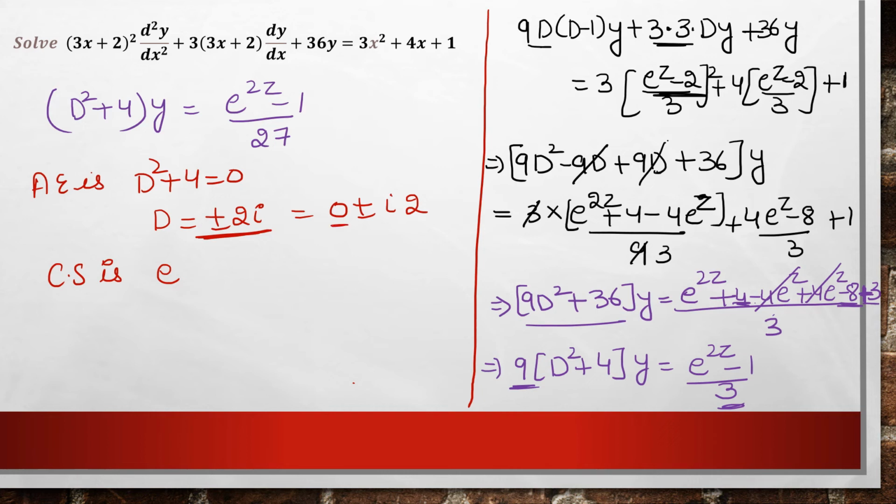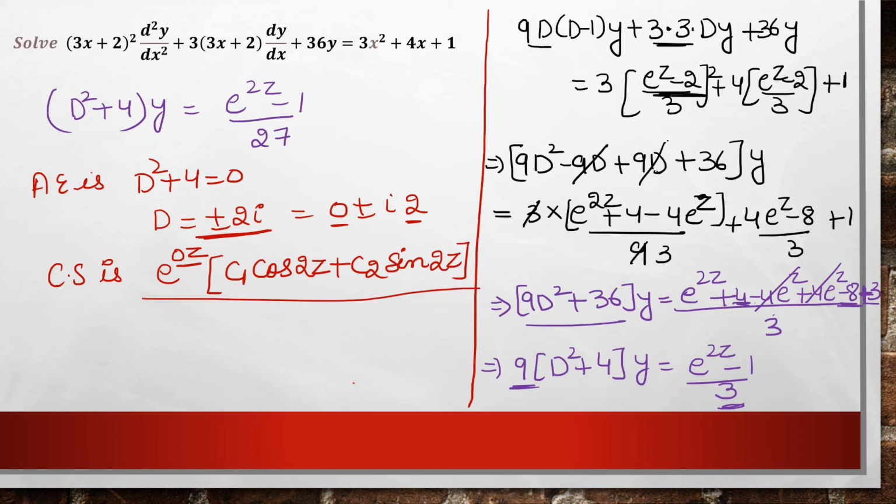So real part is 0 into independent variable. Now our independent variable is z, not x. Okay, so we write z here. C1 means first constant. Cos, what is the imaginary part? That is 2. 2 into independent variable z plus C2 sine, again imaginary part, that is 2 into z. So this is our complementary solution.